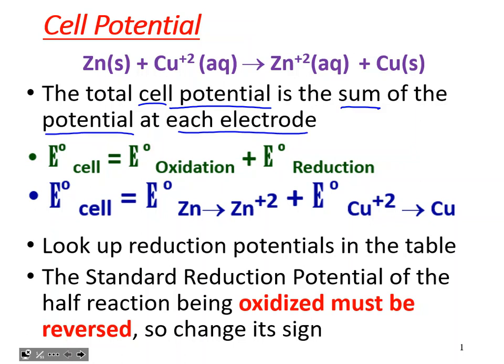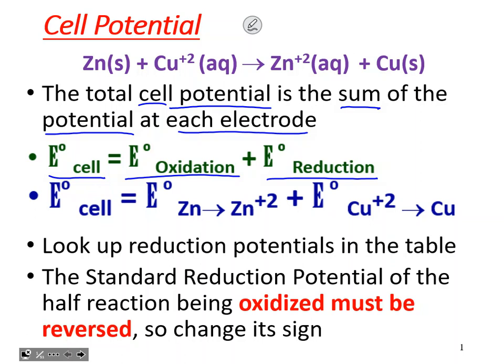But the basic way of doing the equation to find the cell potential, E cell, is going to be the potential of the oxidation plus the potential of the reduction. So I flip my reduction potential and change it to oxidation for that part of the reaction, and then I just add them together. And if it becomes a positive E cell or positive cell potential, I know it's thermodynamically favored and it's a galvanic cell.